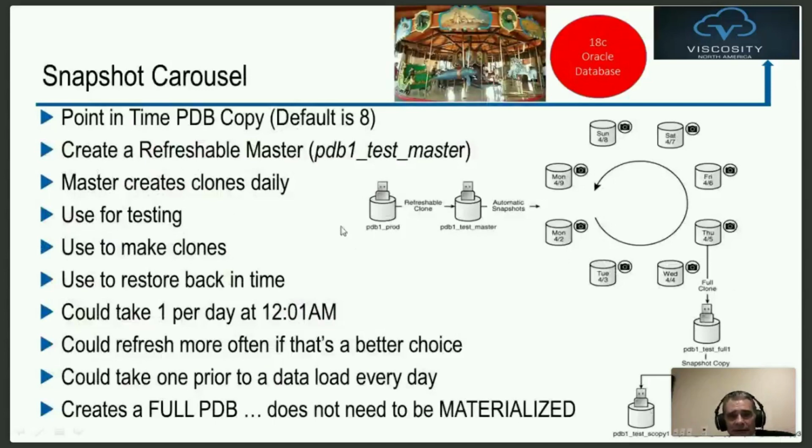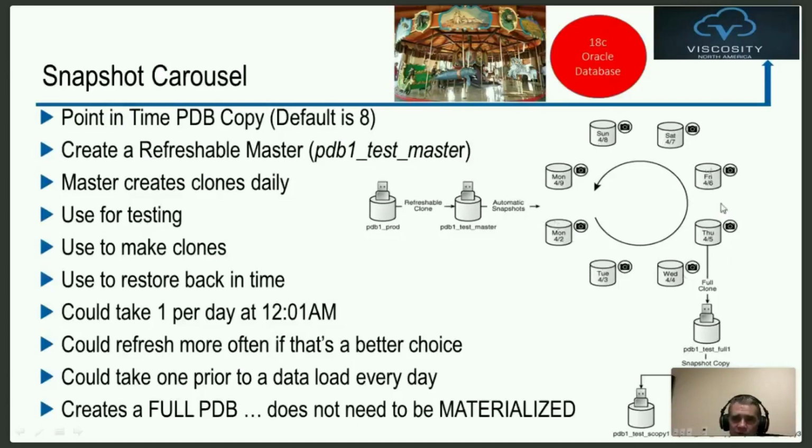So I have my maybe production PDB. When I build a refreshable clone, Oracle often calls that the test master, it will create snapshots off of that. By default, it will create 8 of those. So you can see it's taking a snapshot: Monday, Tuesday, Wednesday, Thursday, Friday, Saturday, Sunday, and then Monday, just so I have an overlap there.